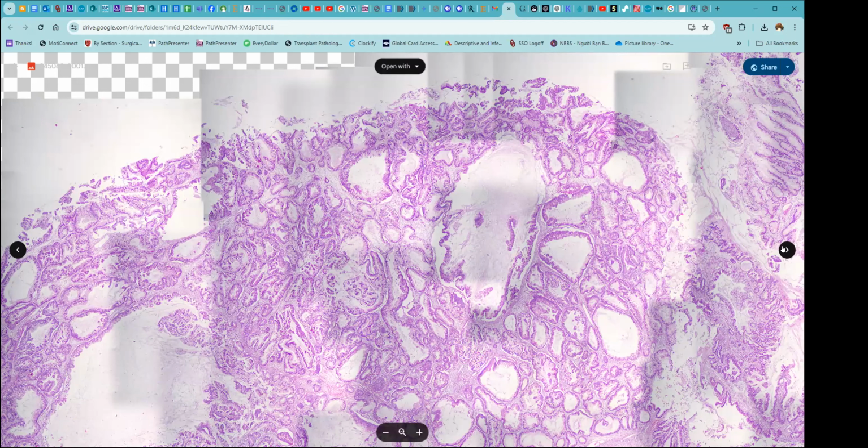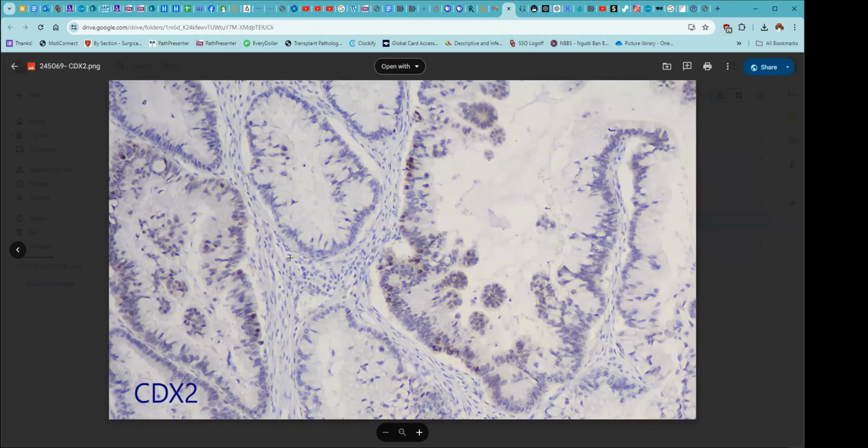So let's take a look at the immunostains that we sent. Here's the CDX2, and we had several positive cells, but not everything. So kind of much like what you see in the ovary. And I think this also is very helpful because it helps to exclude the possibility of a colorectal metastasis.